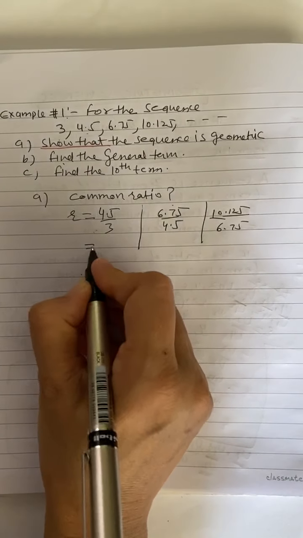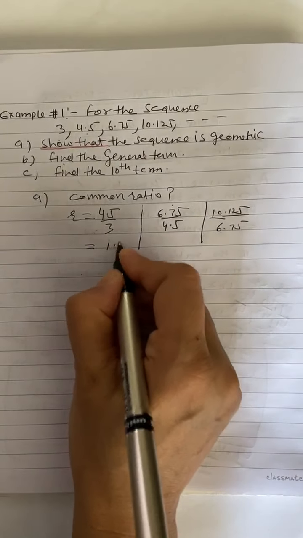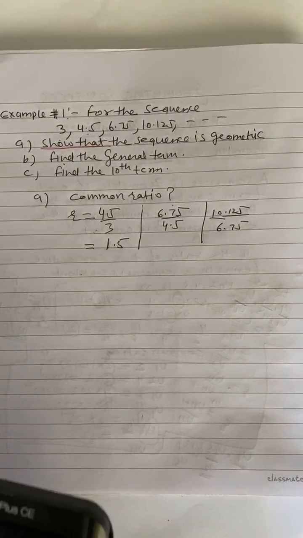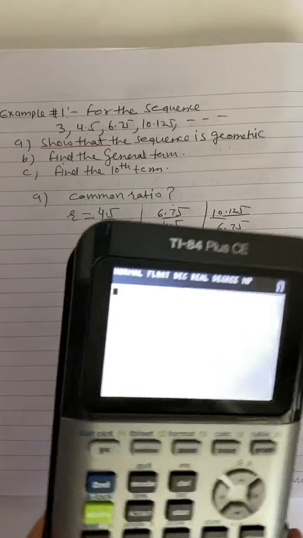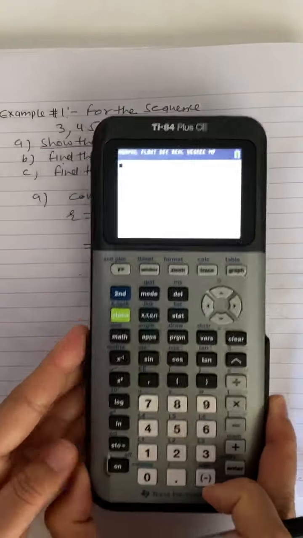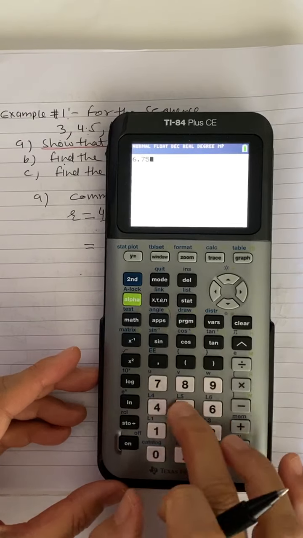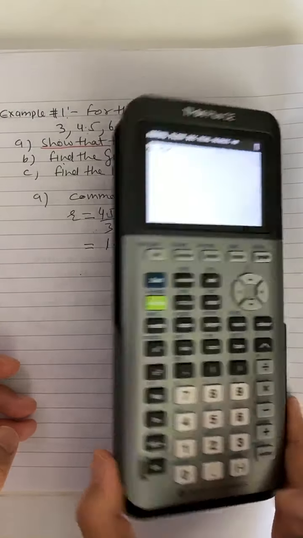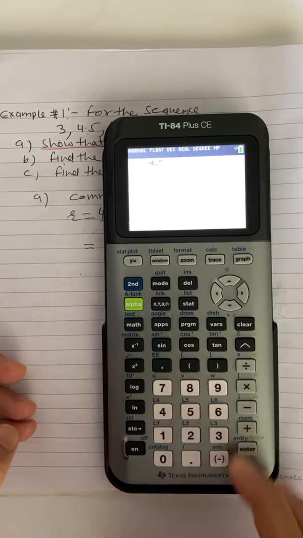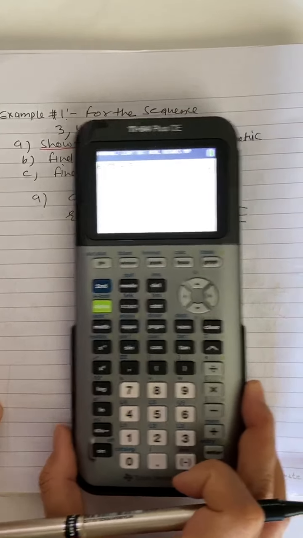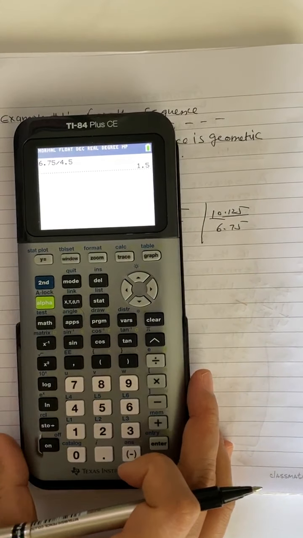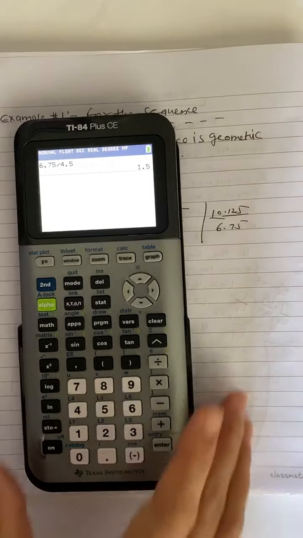This one, I'm going to use a calculator to do that. This is 1.5, and now I'm going to check if I'm getting the same answer here. So 6.75 divided by 4.5 is also 1.5, and the next one is 10.125 divided by 6.75.